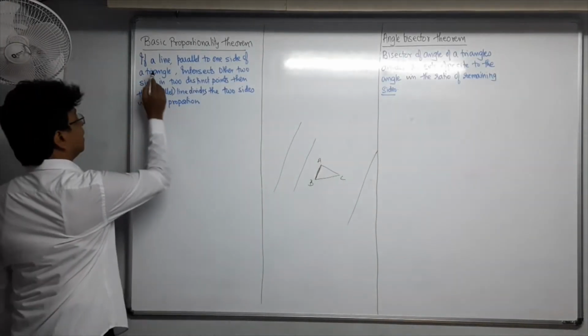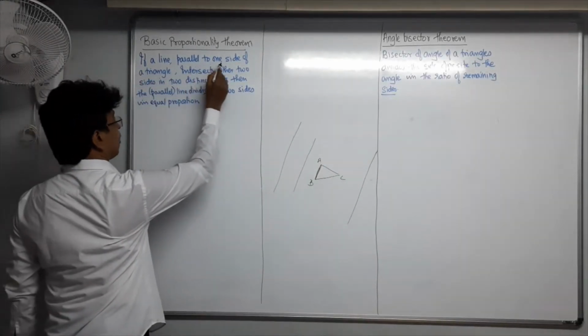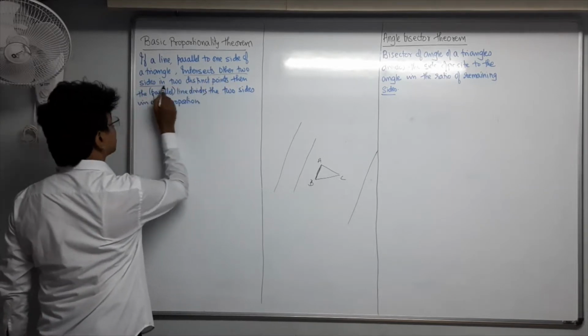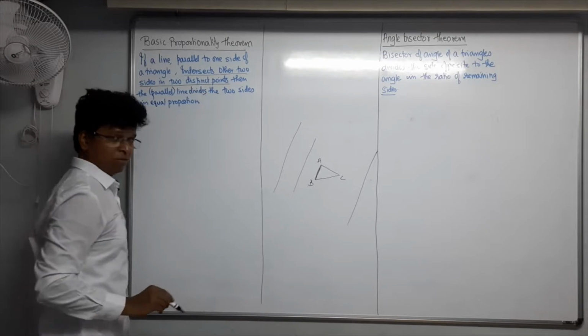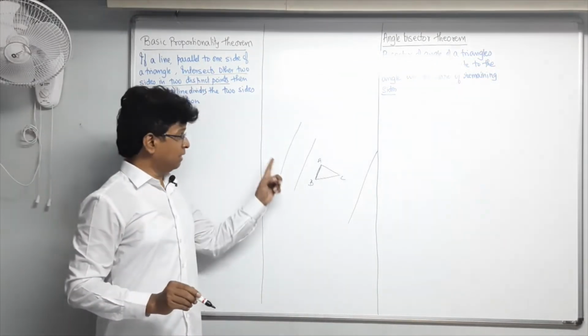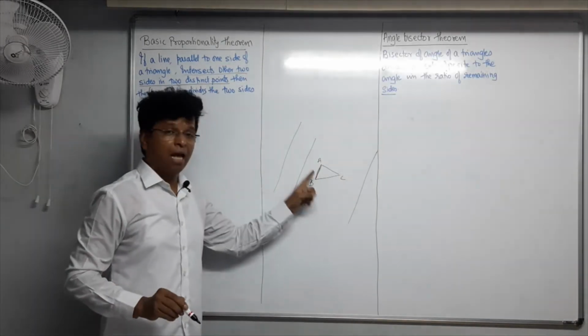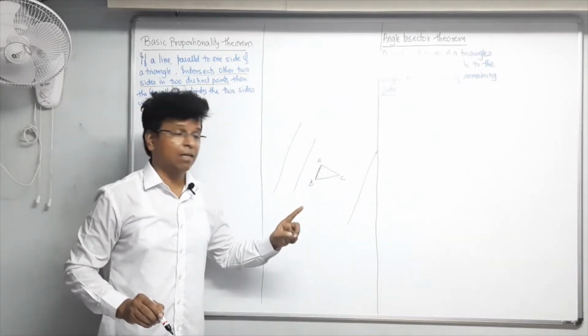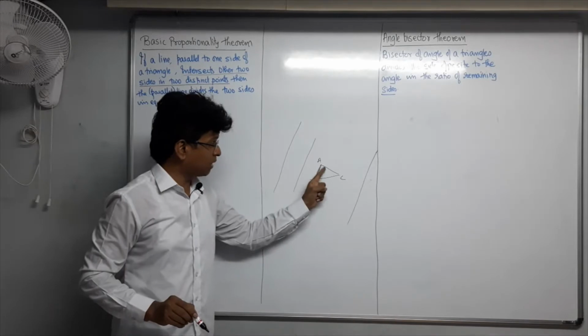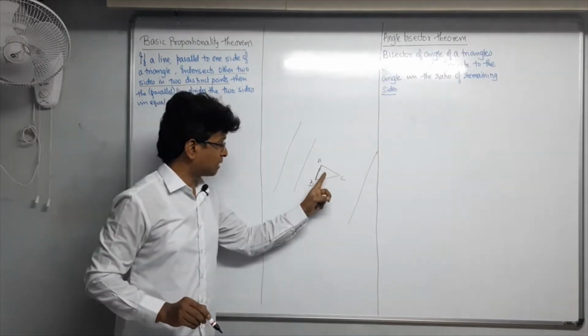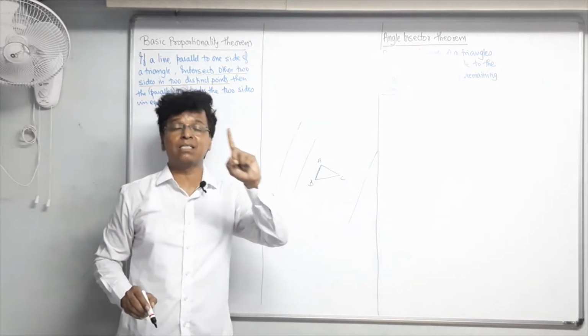Because it says if a line parallel to one side of a triangle intersects the other two sides in two distinct points. The line that I am going to draw which is parallel to AB has to intersect the other two sides. Which are the other two sides? AC and BC. That parallel line has to intersect AC and BC in two distinct points.